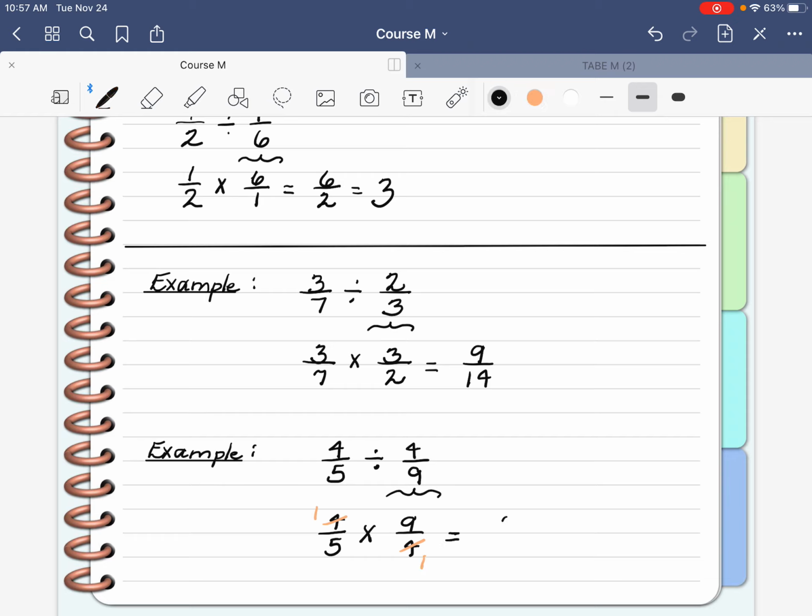Top times top, bottom times bottom. And this one needs to QRD. Now when I do these in the exercises, I am not working them out longhand, but I will here because this is where we're learning. So 9 divided by 5 is 1 with 4 left over. So 1 4/5 is the answer to that one.